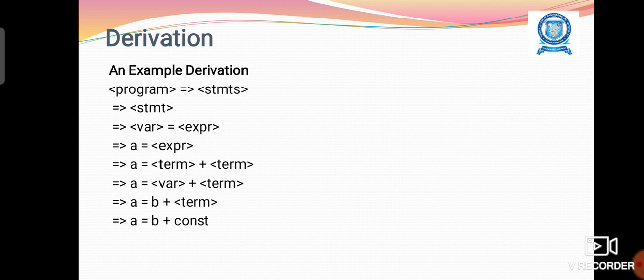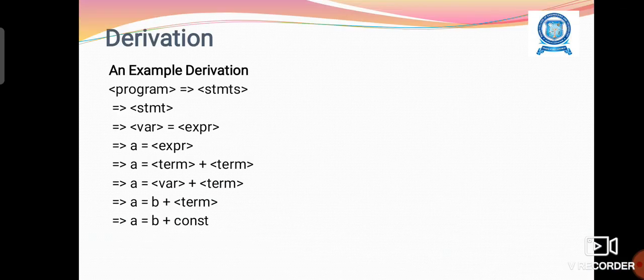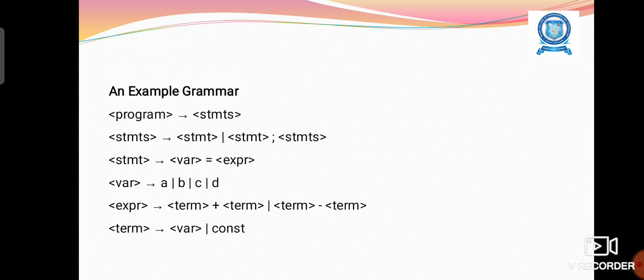Now we are substituting another rule, that is statement implies variable equals expression. Next we substitute A for variable, so A equals expression. Then we substitute term plus term for expression, so A equals term plus term. Next we substitute variable for the term.